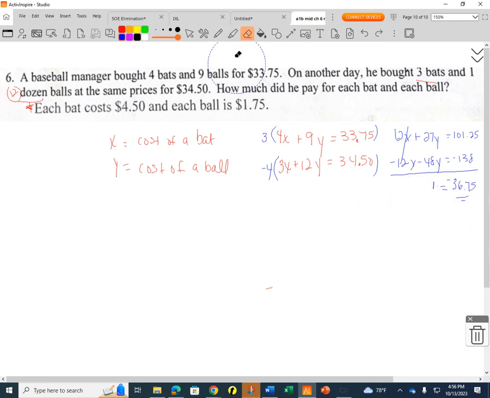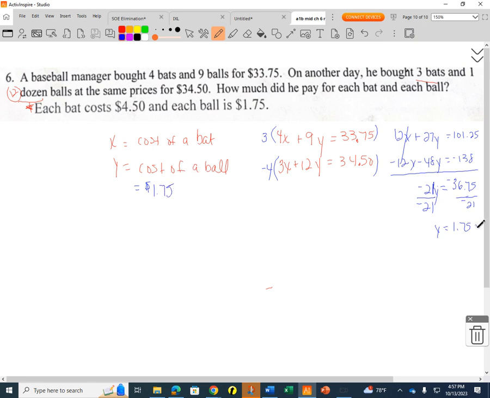Let's get back and make sure. So this is negative 21y. Now I'm dividing by negative 21, negative 21 here. And so y equals 1.75. So now we know the cost of a ball is $1.75 for each ball.